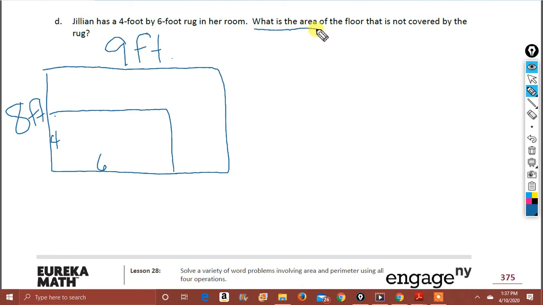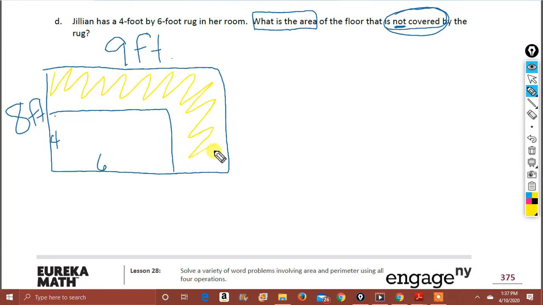We need to find the area of the floor not covered by the rug. So that would be all of this. This is what we're looking to find because this is the rug. So in order to do that, we need to first find the area that is covered by the rug.